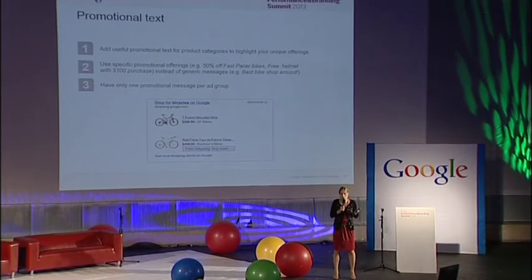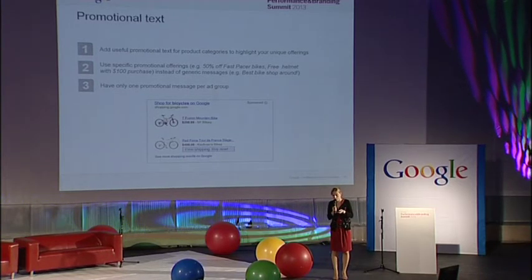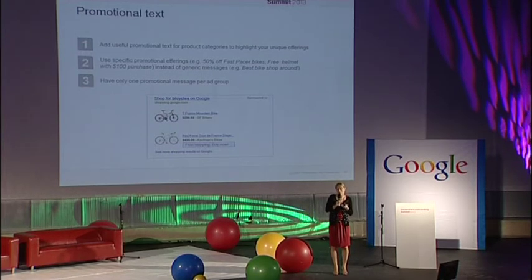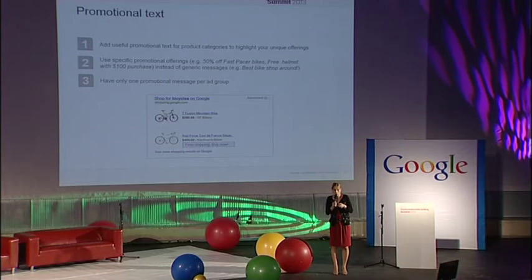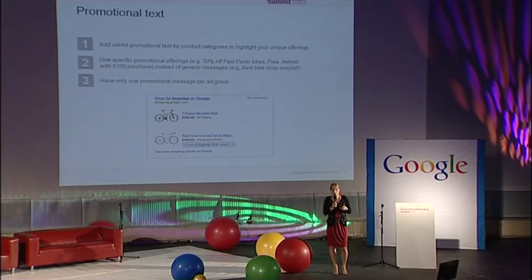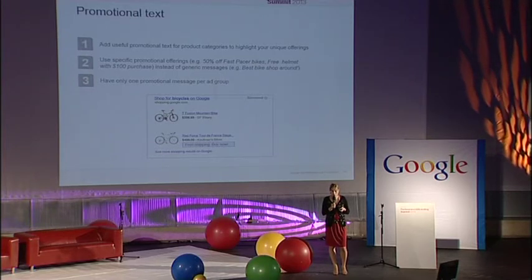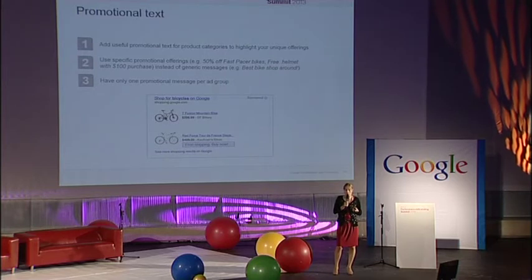And also, you want to make sure to have only one promo message per ad group. That's why if you want to put a promo message quite specific with, for example, a promotion that applies only on specific products you sell, you want to make sure that your campaign structure is granular enough so that it will apply to just that set of products.